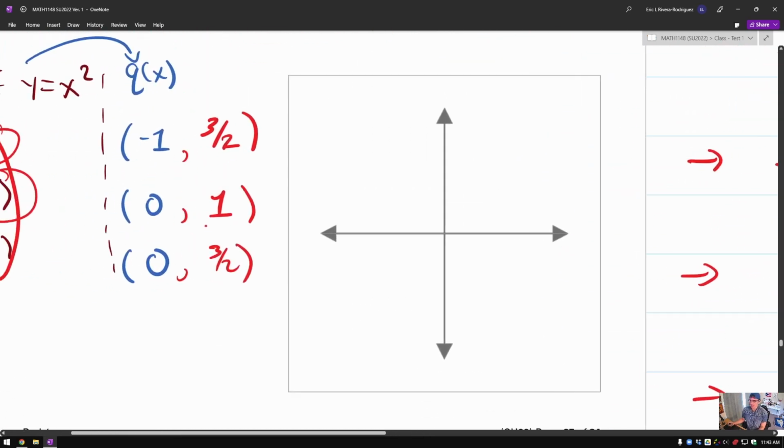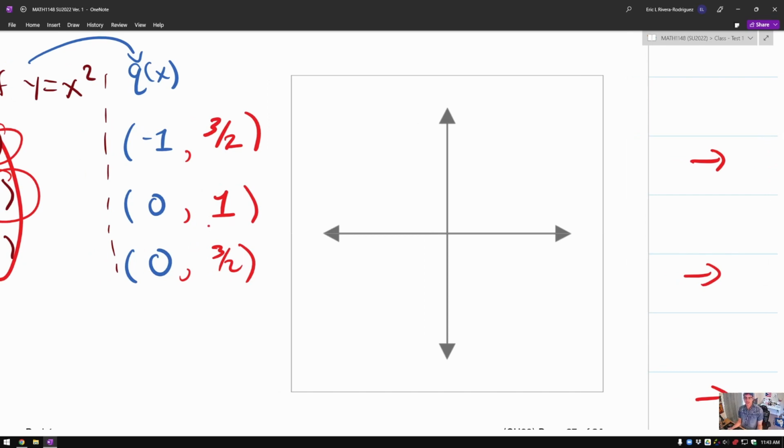So in the review, we have this Cartesian plane that is going to help you to plot the points. But there's no grid, so you need to define how your grid is going to be. So I'm going to define this 1/2, 1, and 3/2. Why? Because I have 3/2 here. Okay. So I know this is 1.